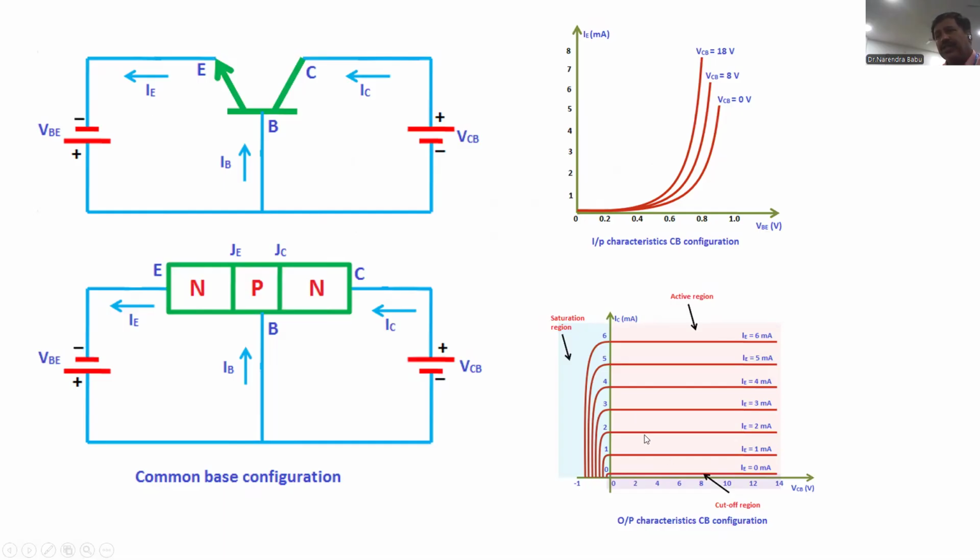If you see the output characteristics in the graph, between VCB and IC, here IC is always in milliamps and voltage is in volts, and the input current is constant. Like 0 milliamps, 1 milliamp, 2, 3, 4, 5, 6, and so on. So the graph is shifting upward. So this is the common base configuration and its input and output characteristics.